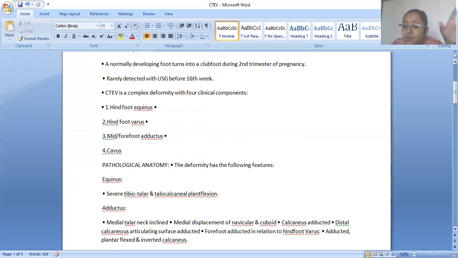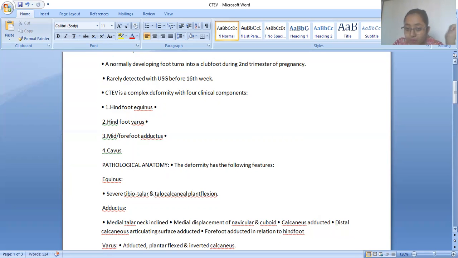Then the calcaneus will be adducted, the distal calcaneal articular surface will be adducted, and the whole forefoot will be adducted in relation to the hindfoot. So this is the typical presentation of adductus.